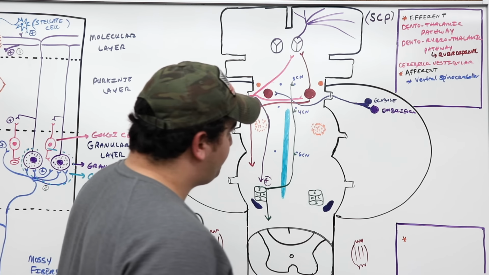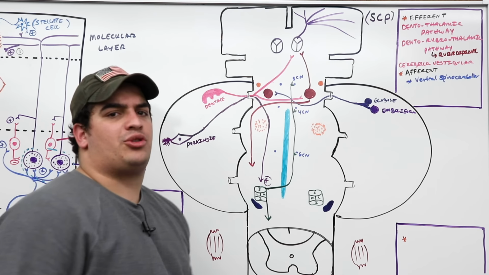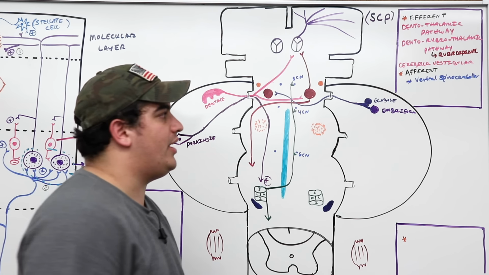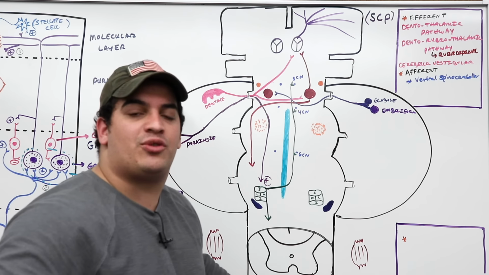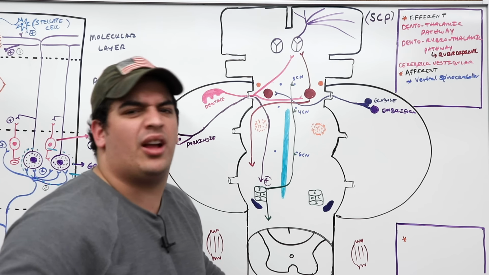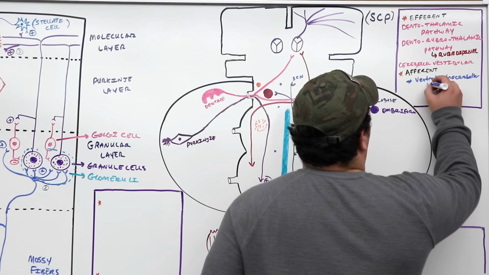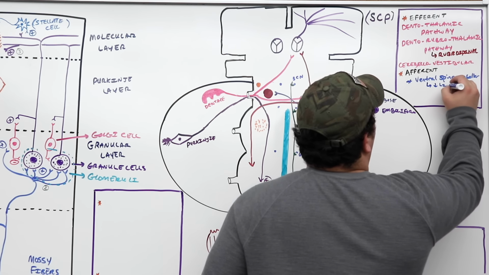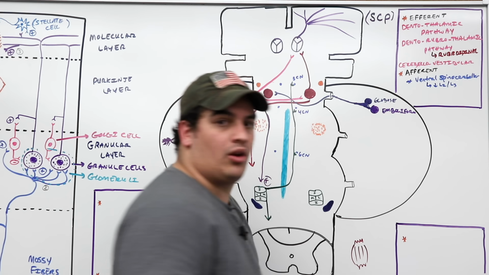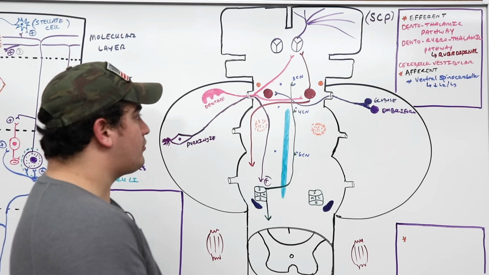And if you remember, the ventral spinocerebellar tract, we're not going to go into all the detail, we did it in that video. It takes sensory information from proprioceptors below what level? L2, L3. So we'll put here, below L2, L3 level. Okay? That's an important one.